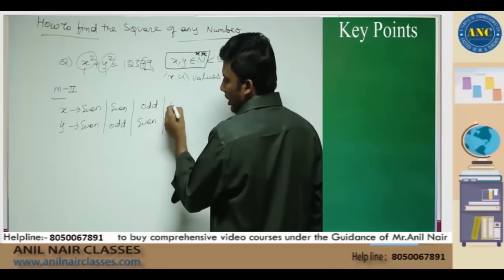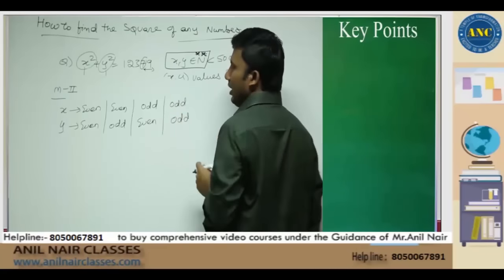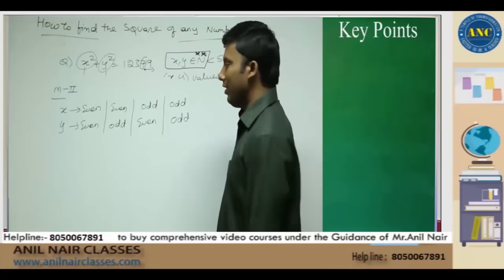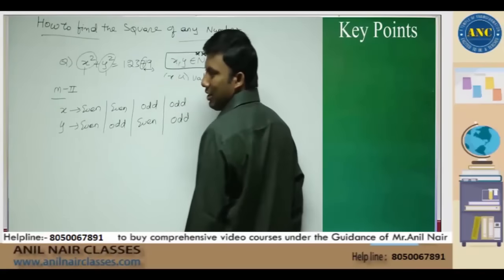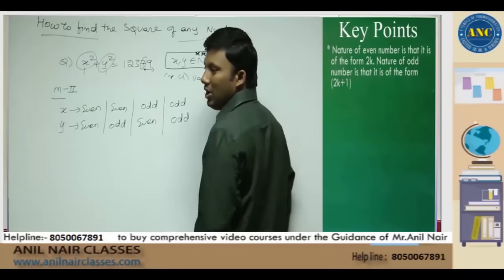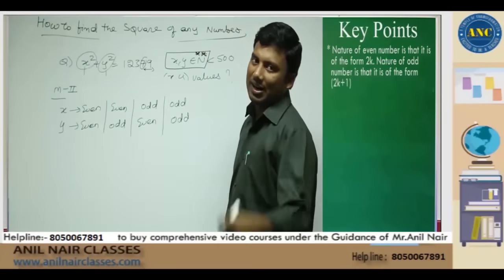Fourth case, both x and y can be odd numbers. Because any natural number can be either an even number or an odd number. I am sure most of you know that an even number is of the form 2k. An odd number is of the form 2k plus 1 or 2k minus 1, depending upon which value of k you are starting with.